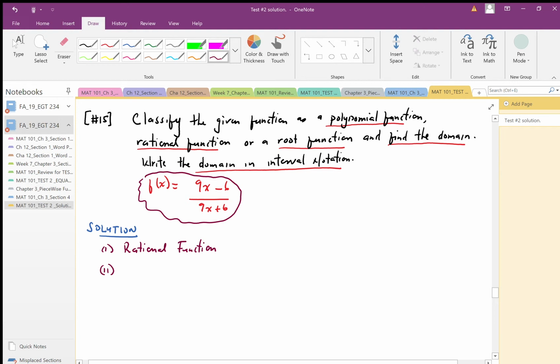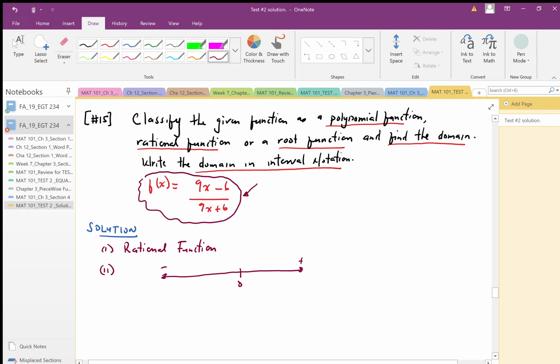So in other words, how you do this is the domain again is the input. So you just want to ask yourself, on what number, when you look at the number line, this is my 0, this is positive that way, this is negative that way. What number will not make this function legitimate?